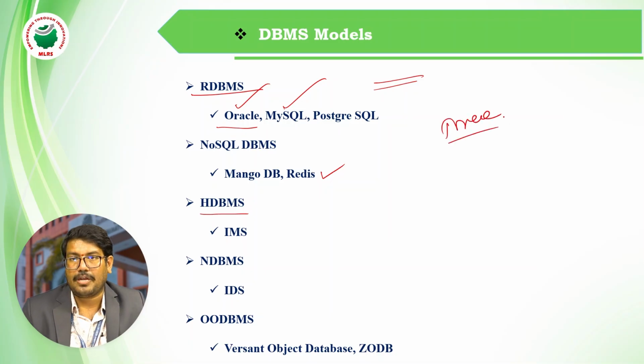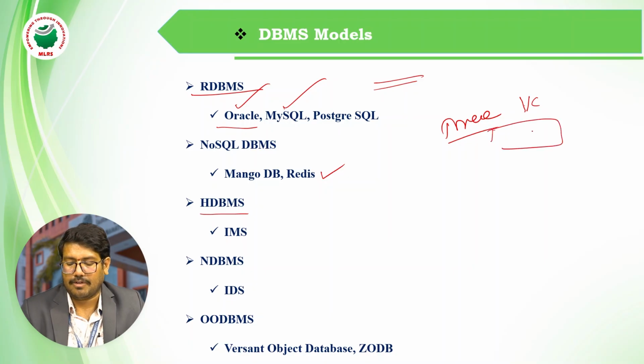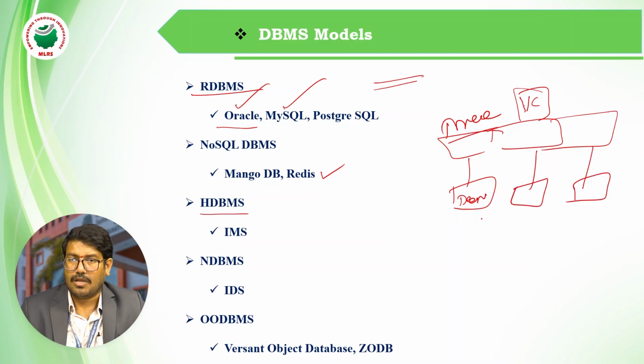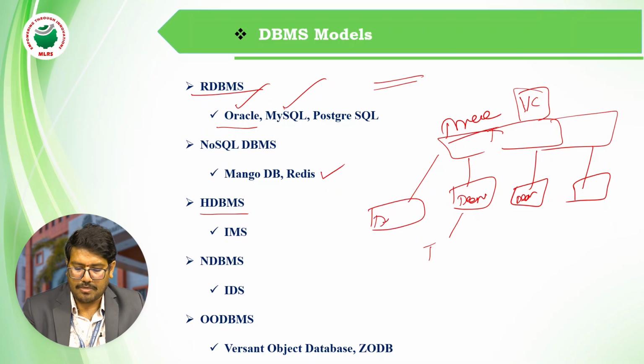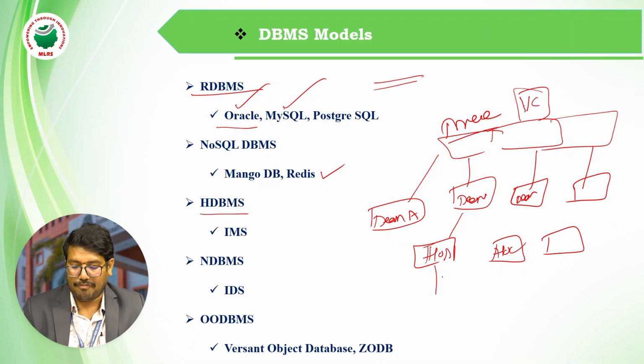For example, if you go to any university or college, there is a vice chancellor, then we have other people, and from there we have deans: Dean Academics, Dean Exams, Dean R&D, etc. From Dean Academics we have heads of the departments: HOD ECE, HOD EEE, HOD Mechanical, HOD CSE. And then we have faculty here.